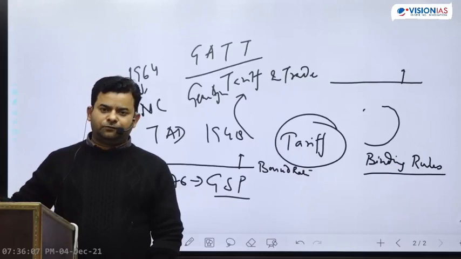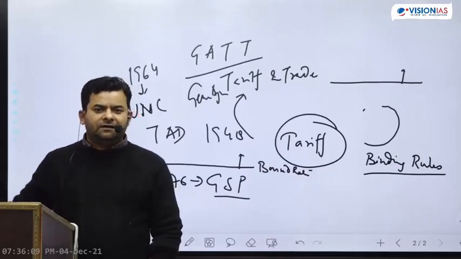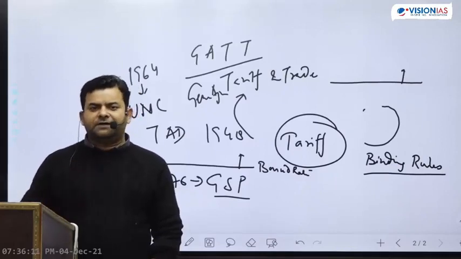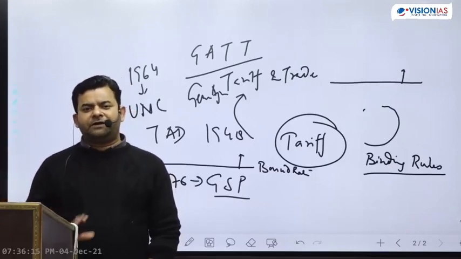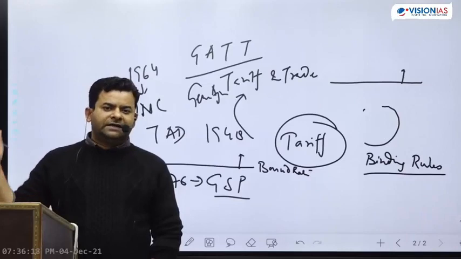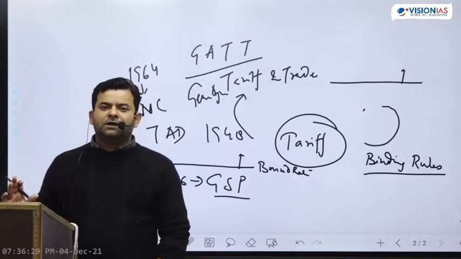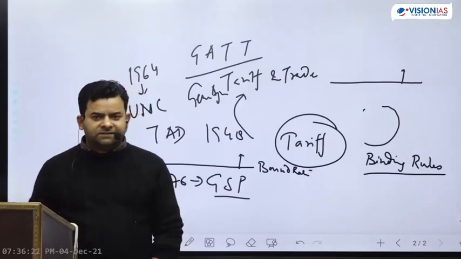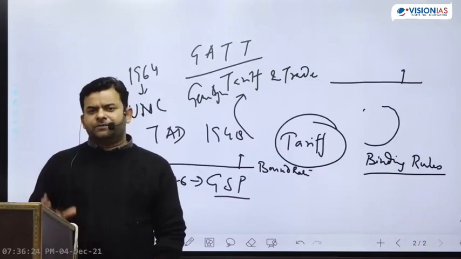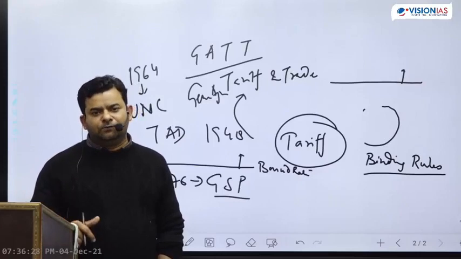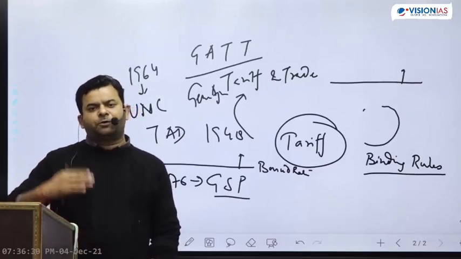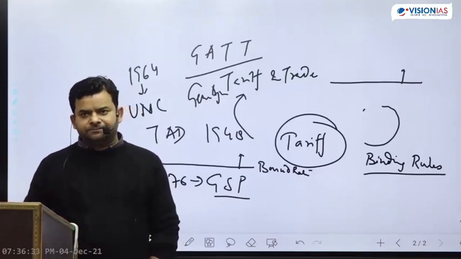Let's say India will be given a lot of tariff cuts, almost no tariff, or different kinds of favoritism will be given to India, so that India can easily export things to America, or import things easily from America. So the Generalized System of Preference was a very smart tactical move of America towards promising economies like India and others.